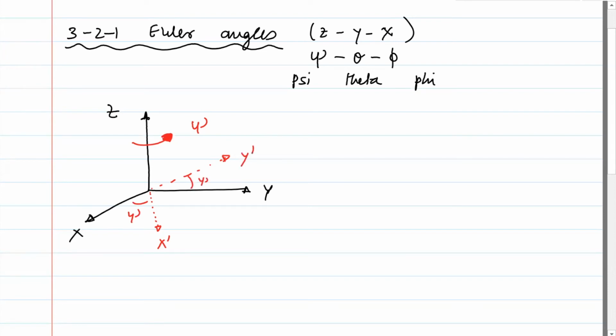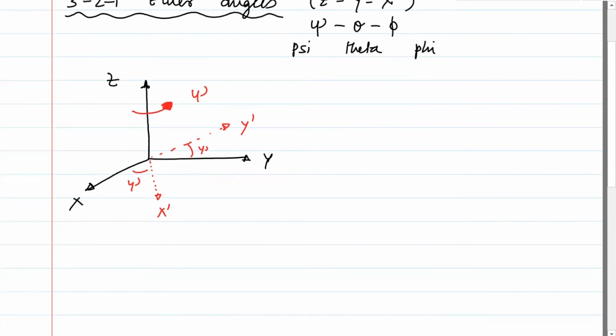So that's Y prime. Okay, so what I'm going to do now is, if you do this rotation, and if there's a vector, let's say C0, and this is your base frame. So 0 corresponds to the reference configuration, which is X, Y, Z. Then that vector will undergo rotation to C1.